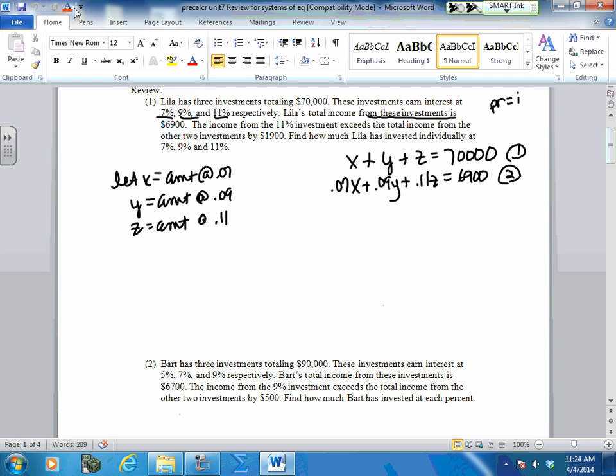We look for one more since we have 3 variables, and we say this. The interest income from the 11%, from Z, exceeds the total of the other 2 by $1,900.